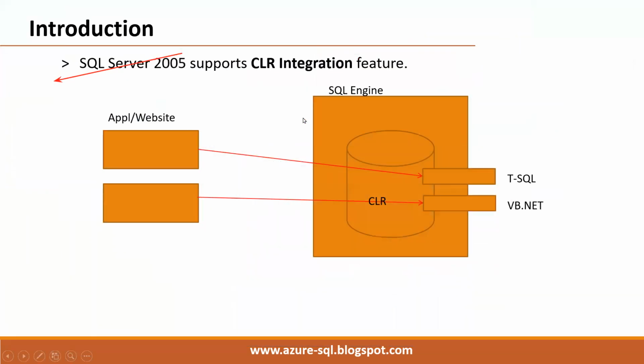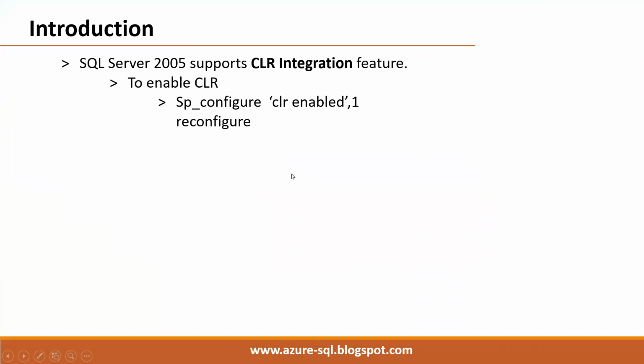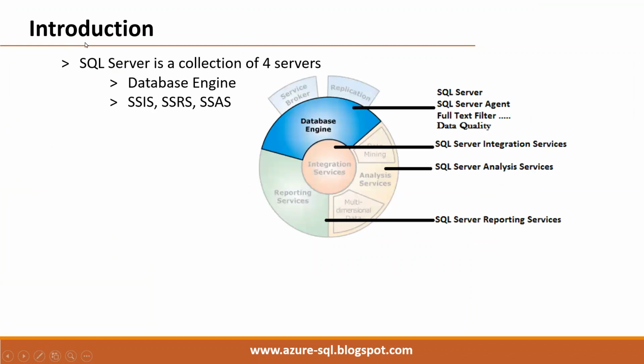So two programming options are there in SQL Server. We have already seen how to enable or disable the CLR feature. In general, remember our SQL Server is a collection of 4 servers. By default, if we purchase any version or edition, especially Enterprise and Standard, we automatically get these 4 servers.